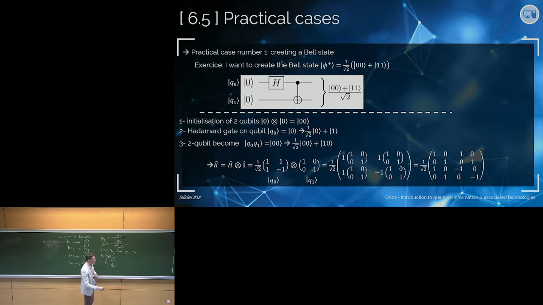And if I do the tensor product of that, I obtain this 4x4 matrix. So I have 1 over square root of 2, and then I've got 0, 0, 1, 0, and then 0, 1, 0, 1, and then 1, 0, minus 1, 0, and then 0, 1, 0, minus 1.